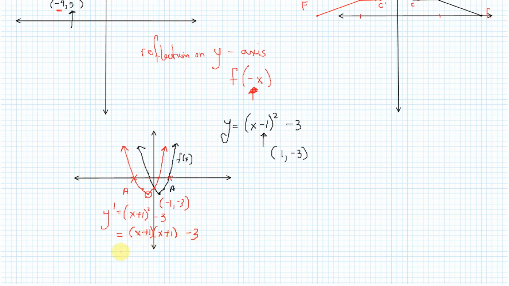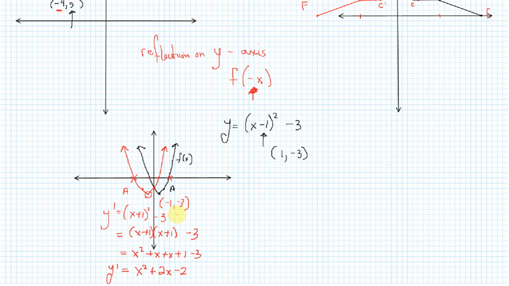Using FOIL, I get x squared plus x plus 1 minus 3. When I simplify this, I get x squared plus 2x minus 2. Okay, and so this is our reflected, or the equation of our reflected function.